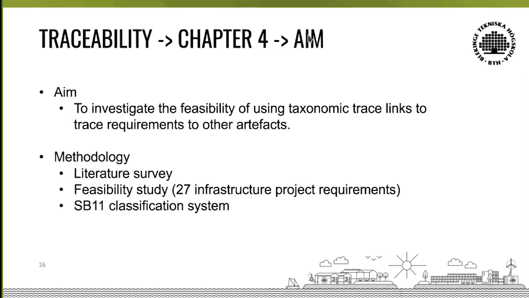We have looked at 27 infrastructure project requirements, and we use the classification system SP11. The classification system is the taxonomy that we use here. This is the knowledge organization structure, or as we say, a classification system, and more concretely, it is used in infrastructure projects to classify construction objects.